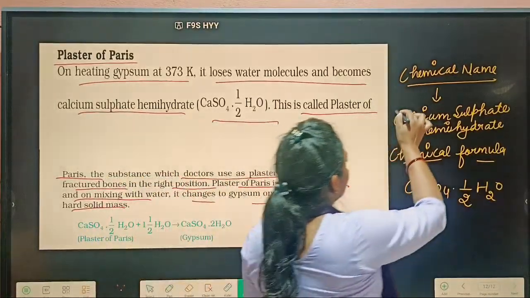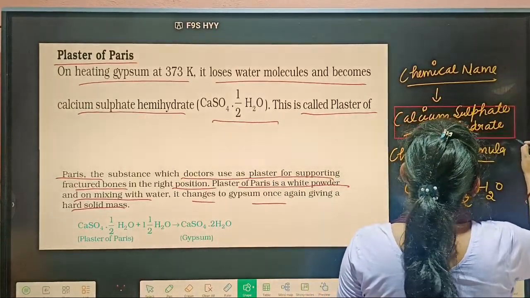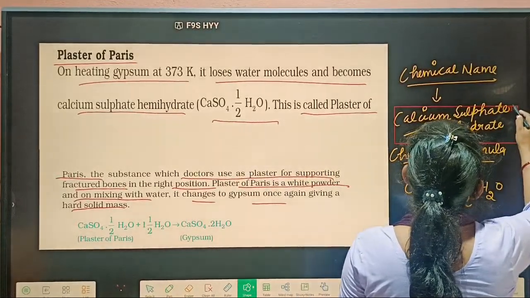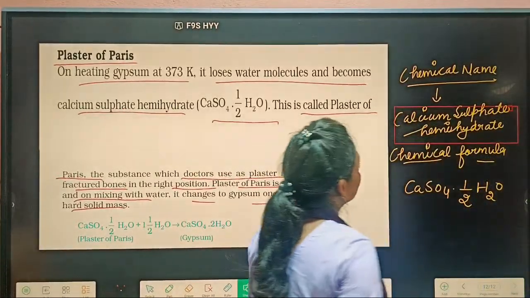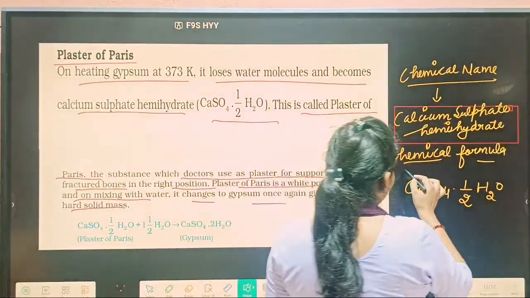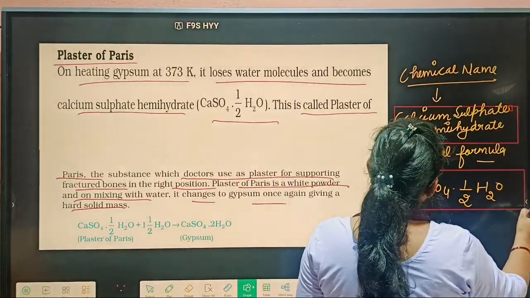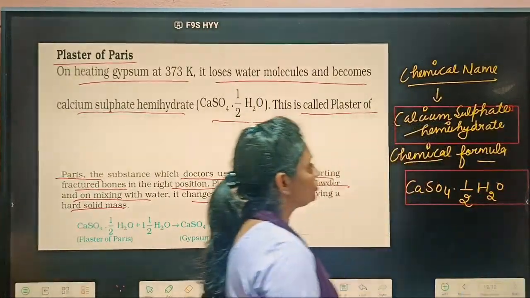What is the name for this salt? Calcium sulfate hemihydrate. And chemical formula for this, CaSO4 half H2O.